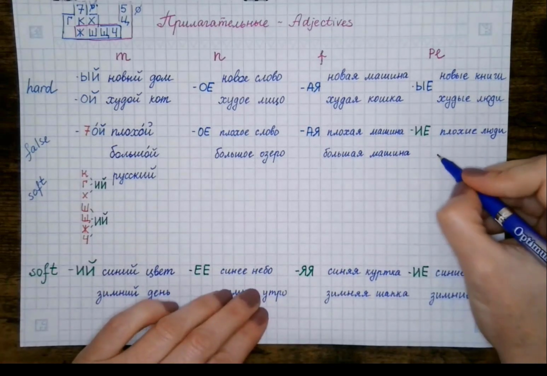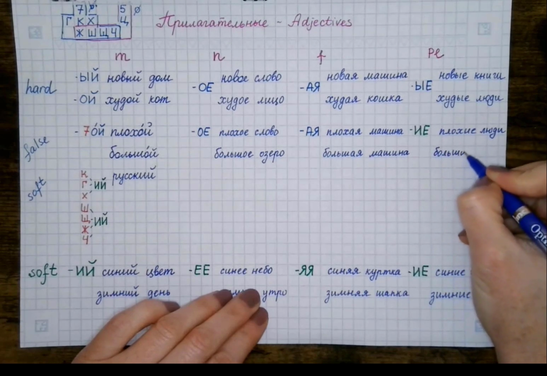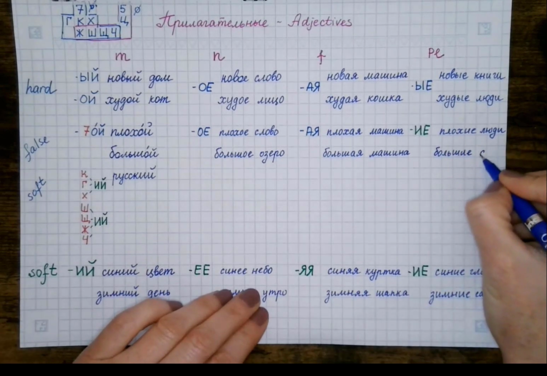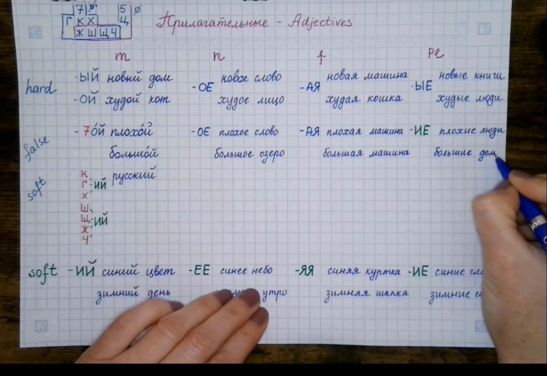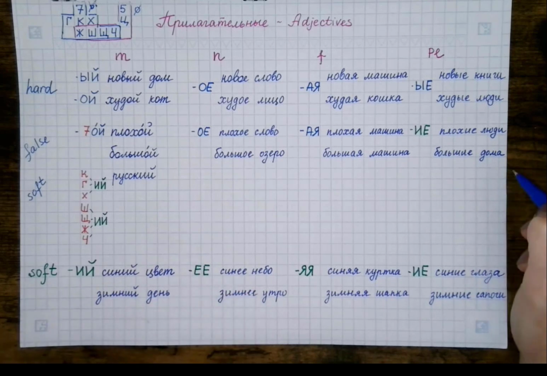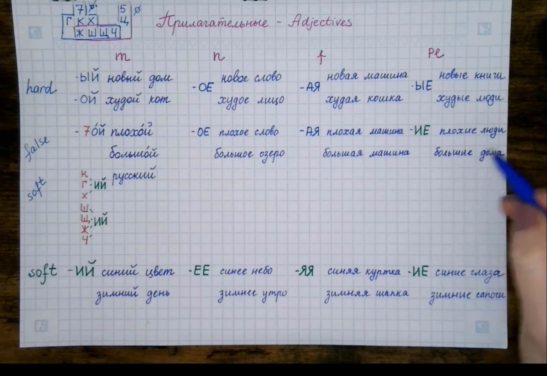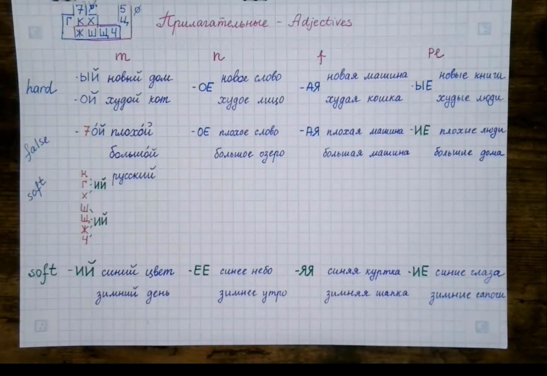And for большие дома. Big houses. Большие дома. Дома is the plural for the word house, and it's somewhat of an irregular ending, like город, города, дом, дома. The a endings need to be remembered for plural.